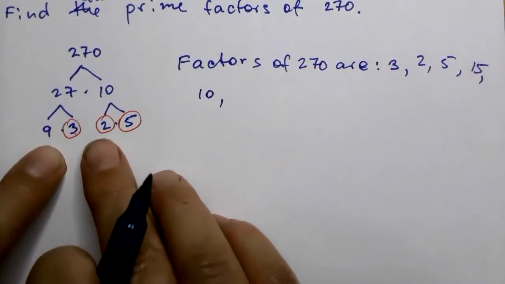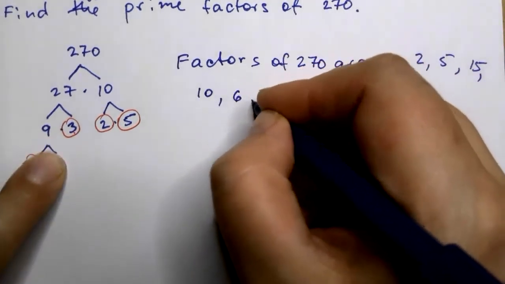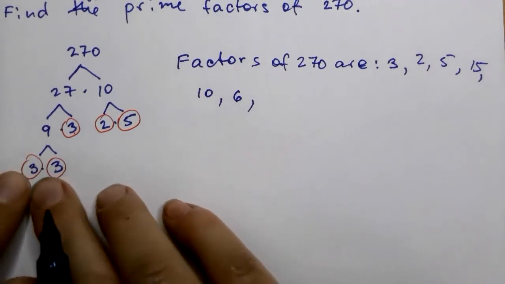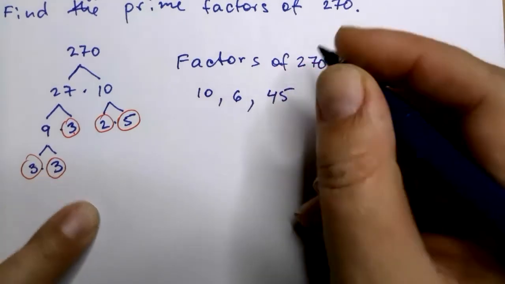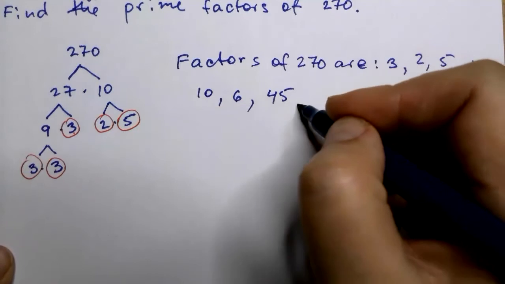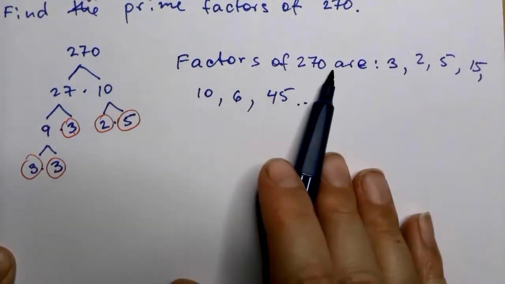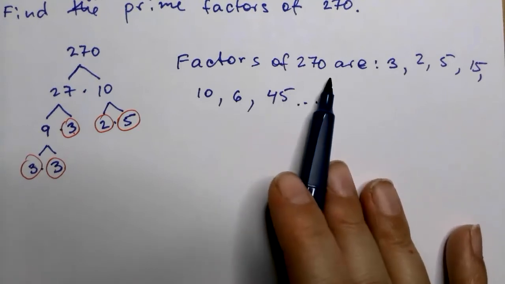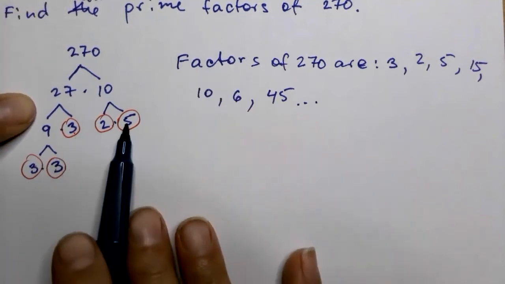It's divisible by 2 times 3, which is 6. It's divisible by 3 times 3 times 5, which is 45, and so forth. You can do any combination. That's all factors, like random factors of 270. But if they're specifically asking about prime factors, these are the only ones.